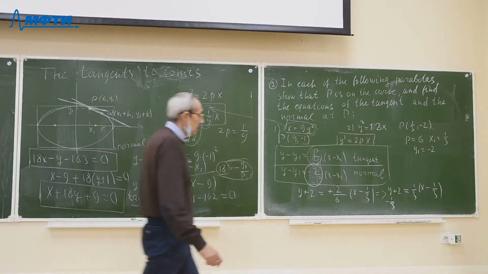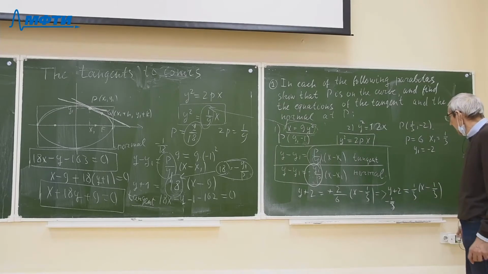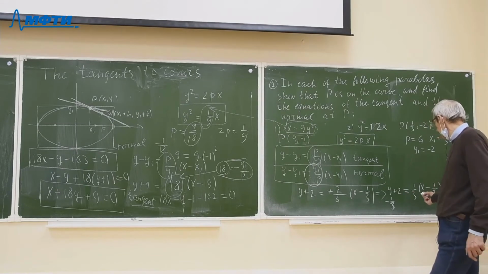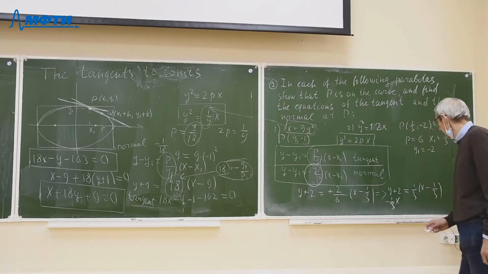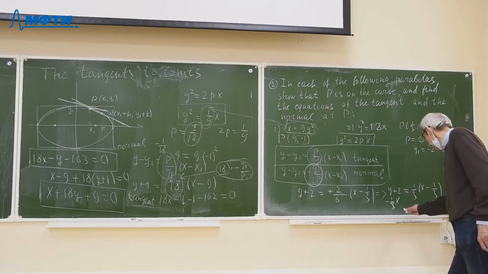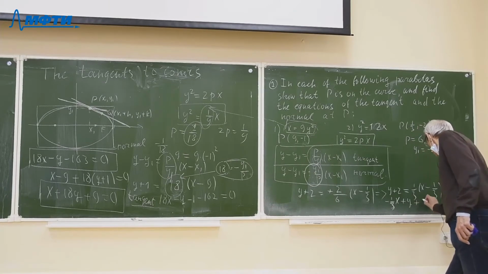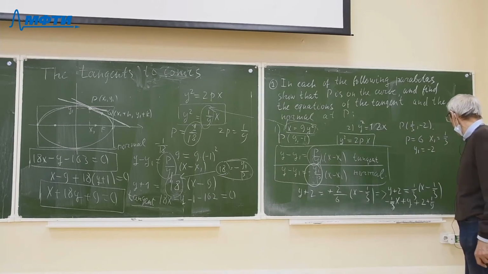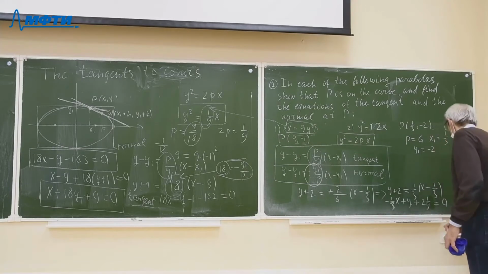And in our case, the calculation is the same, and after simplifications, we obtain the following equation: 1 minus 1 divided 3x plus y plus 2 plus 1 divided 9 is equal.